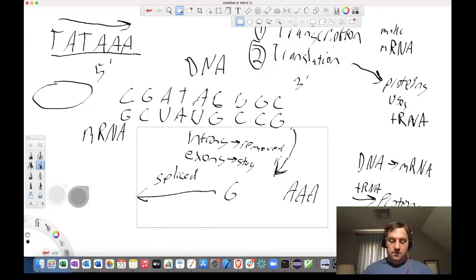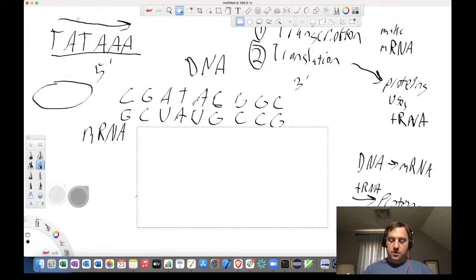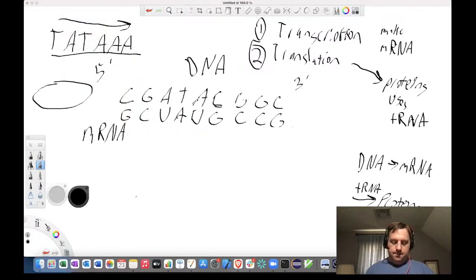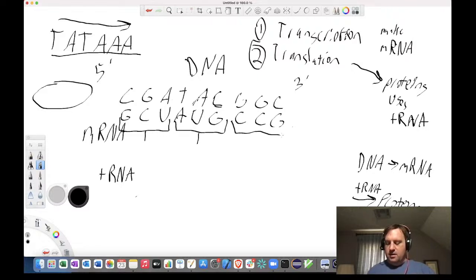What that's going to do is be translated into proteins. And so you're going to have tRNA, which is going to be complementary to our mRNA, and it's going to read sequences of 3, and translate these into amino acids. So every 3 bases gets an amino acid.